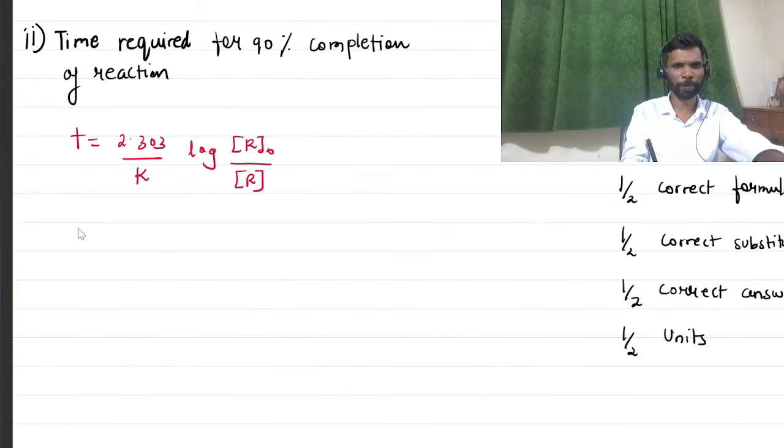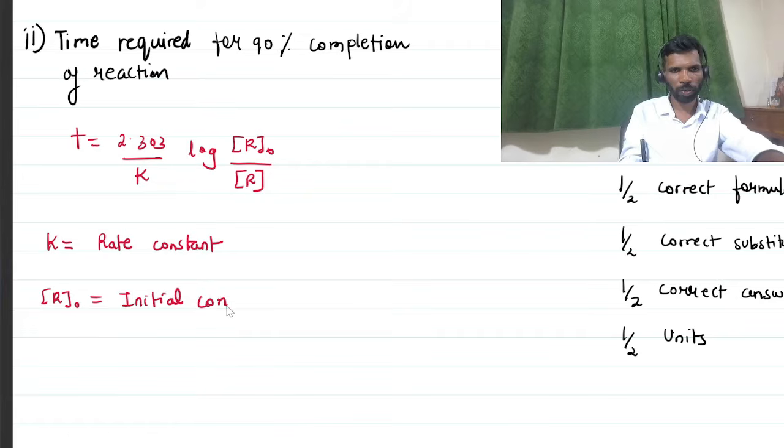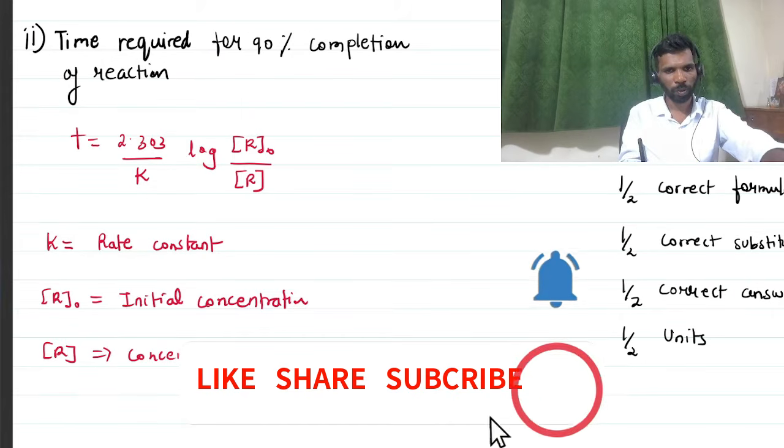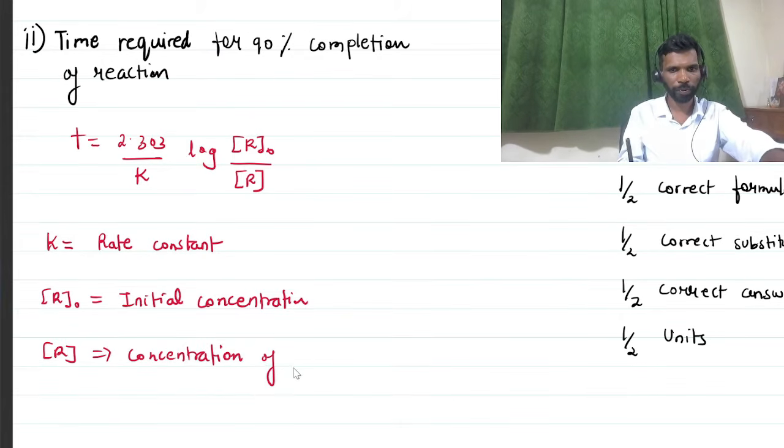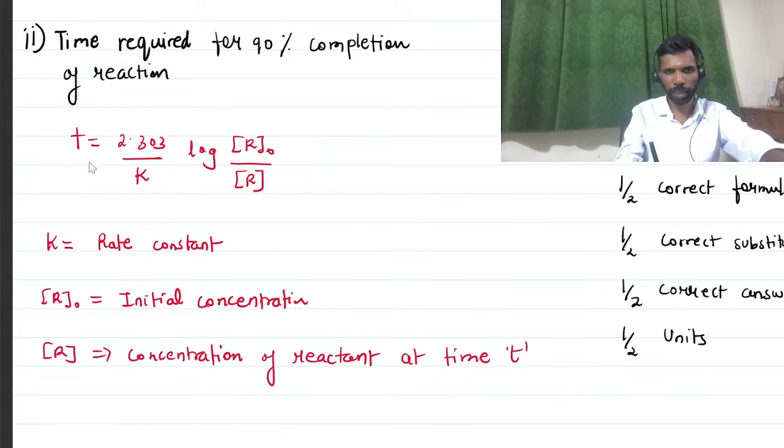Now you should know that over here K is the rate constant, R0 is the initial concentration, the maximum concentration we can say, and R is the concentration of the reactant at time t, means at this time.